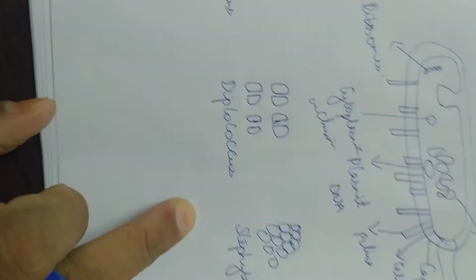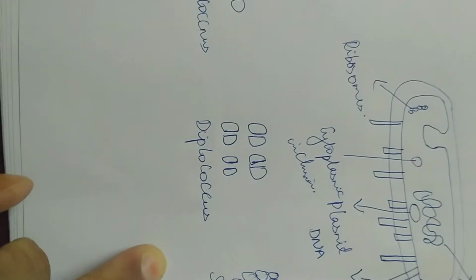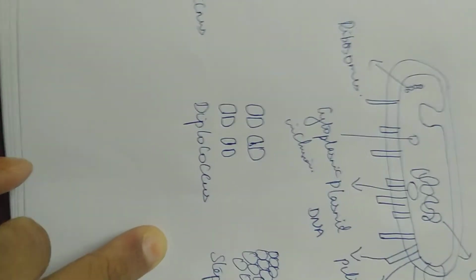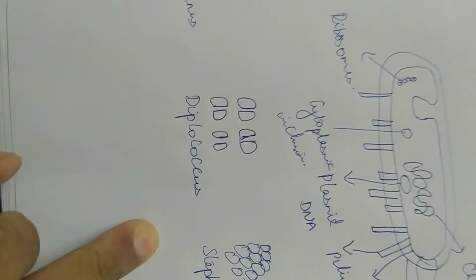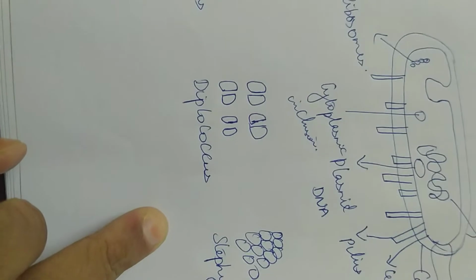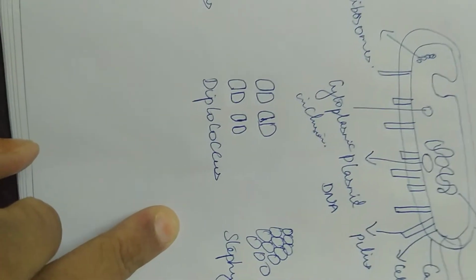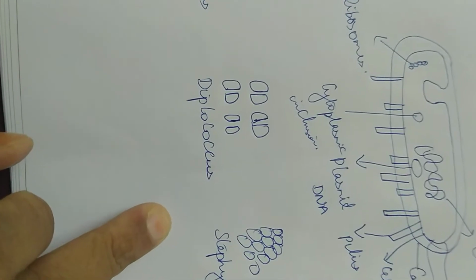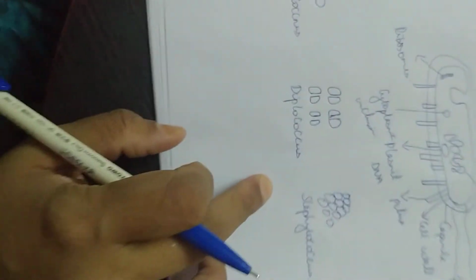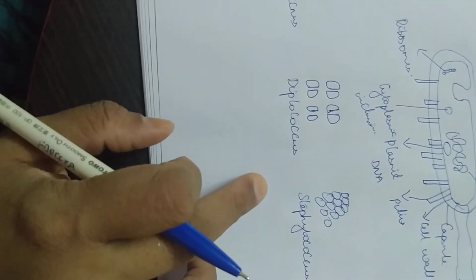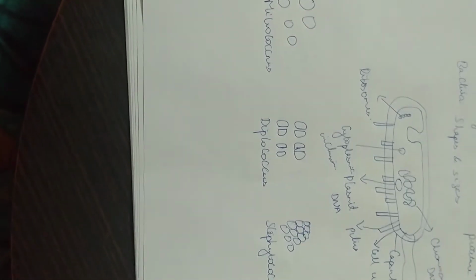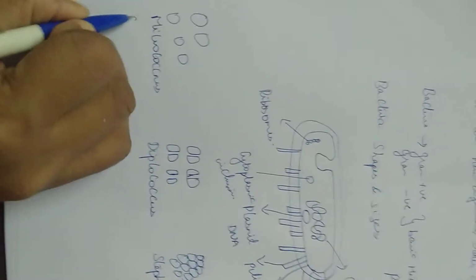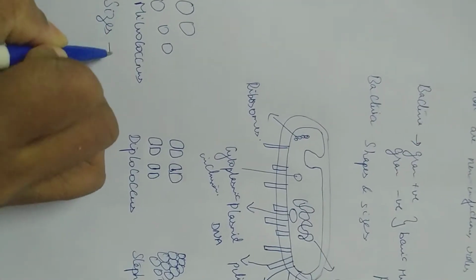There are a few more shapes which are called Corynebacterium, Bacillus typhi, Proteus, Spirillum, Spirochetes, nitrogen fixing bacteria, and Vibrio. Those are the different shapes of bacteria that we can see. There are different sizes of bacteria.